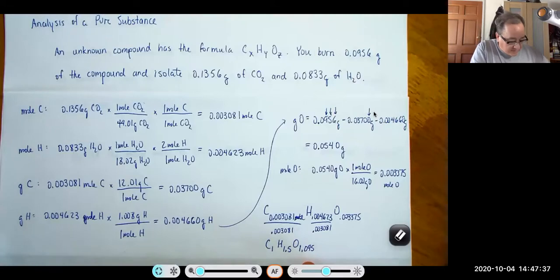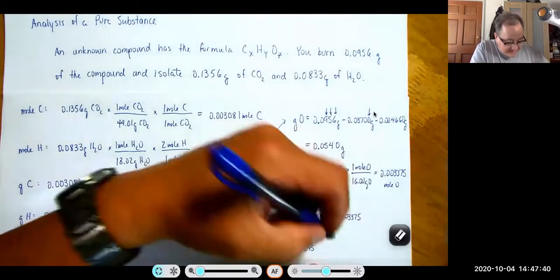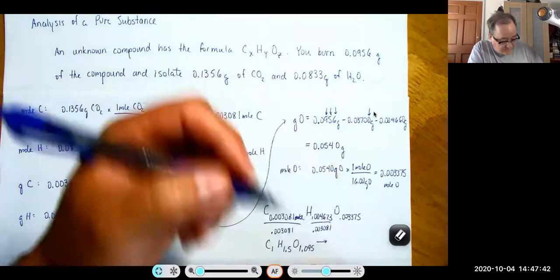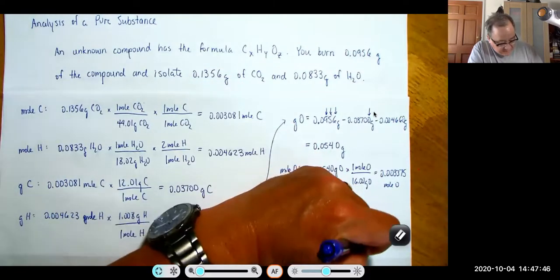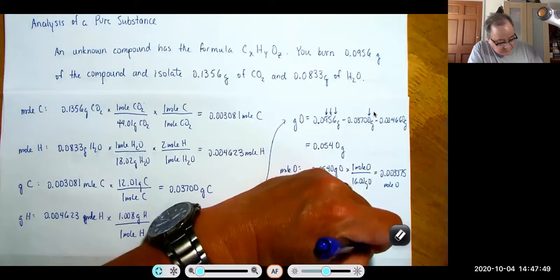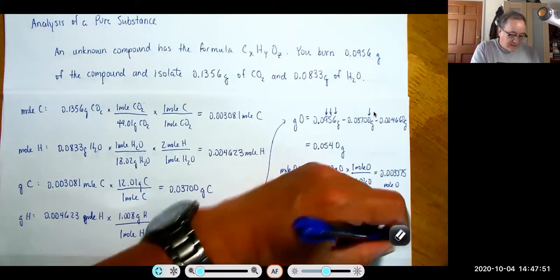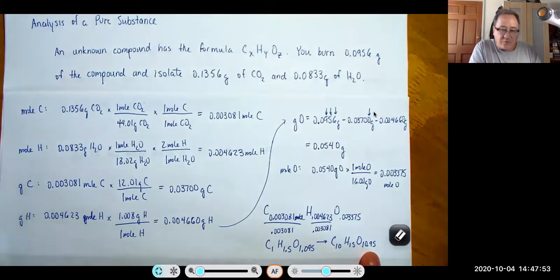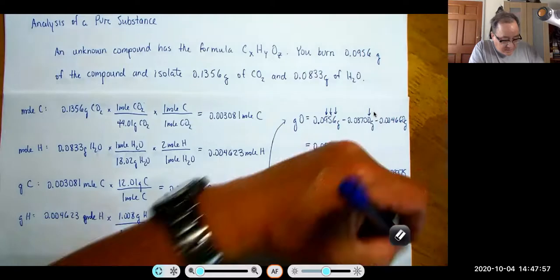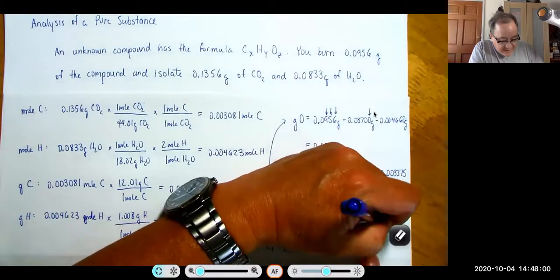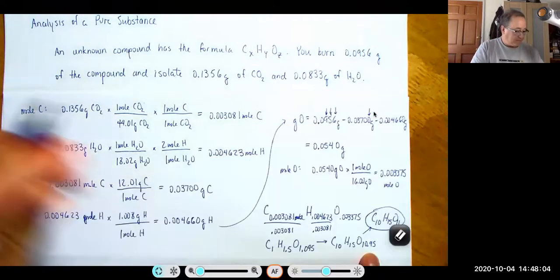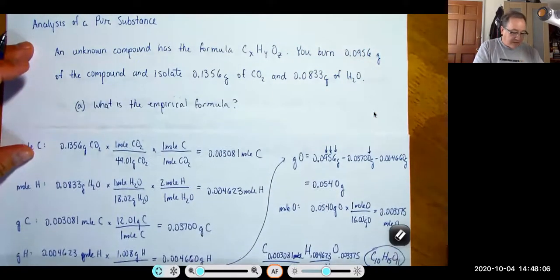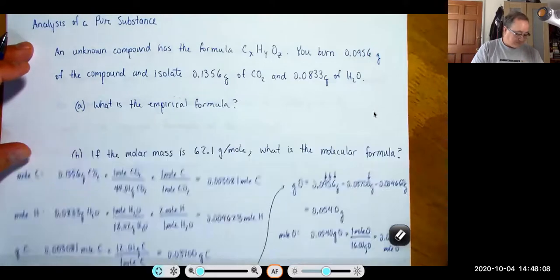So what I'm going to do is multiply everything by 10. This is a common thing to do. Now that looks a lot closer to 1, a whole number, than otherwise. So I think maybe the formula is C10H15O11. Okay, so I'm thinking that might be the empirical formula.